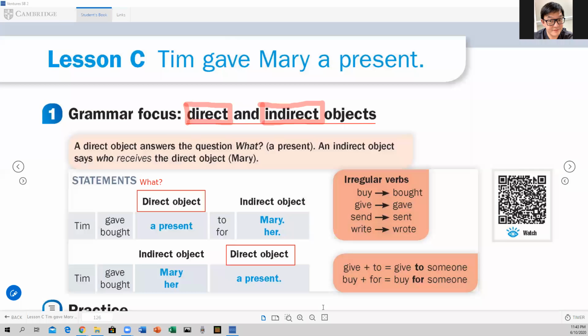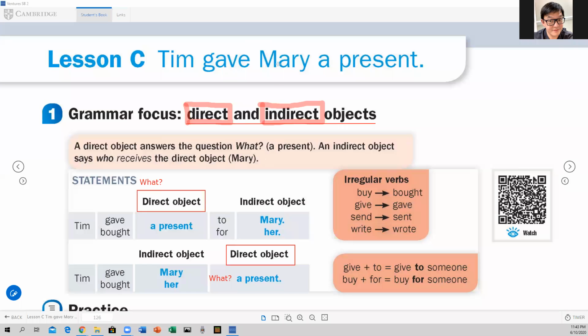Because the present answers the question, what? Okay? Good? Do you have any questions? No? Okay, let's continue.